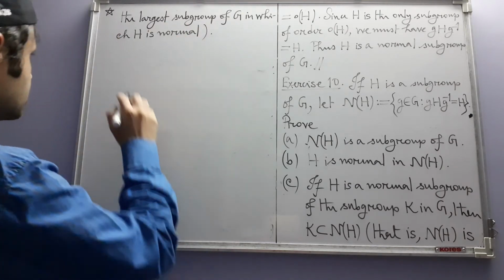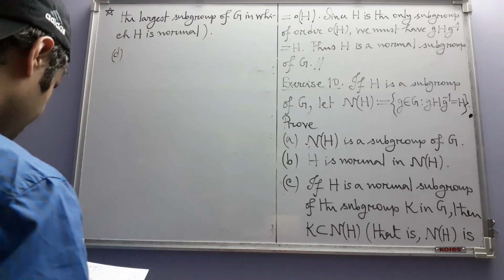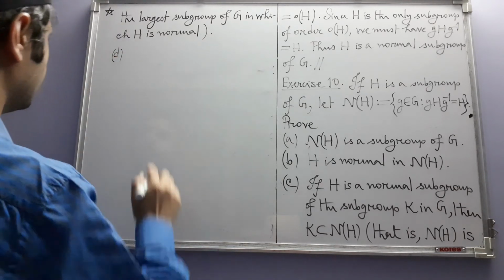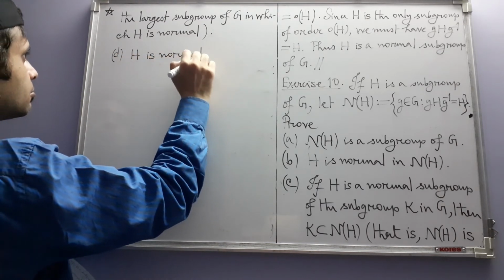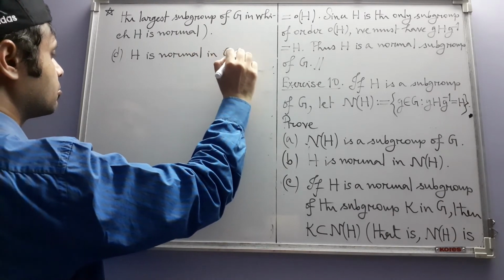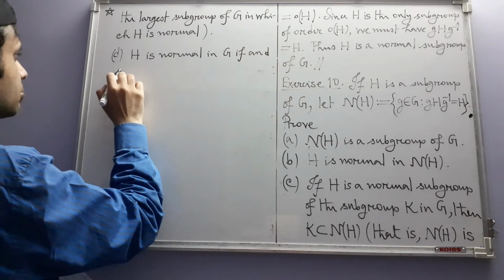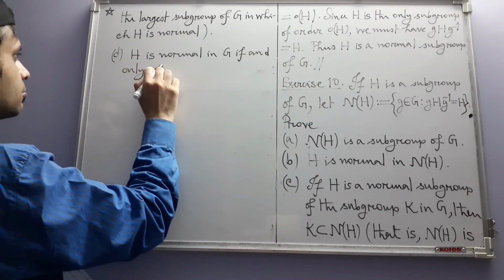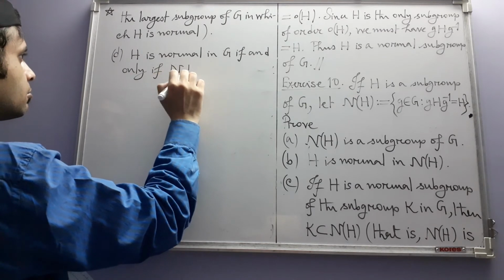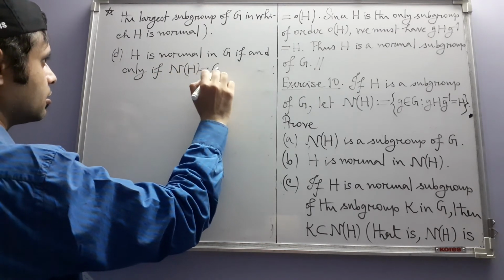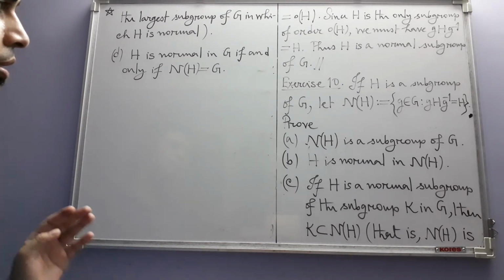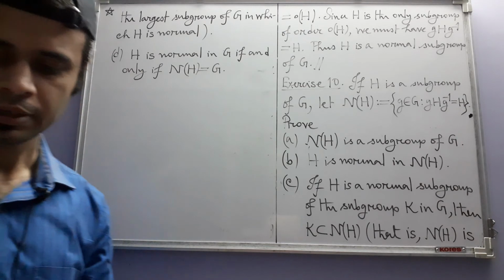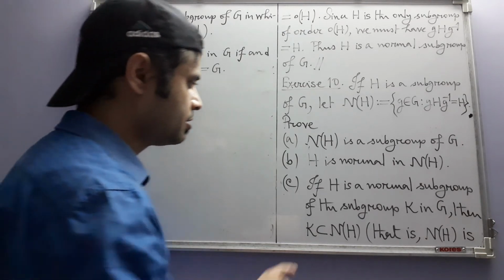And the last one is quite easy. H is normal in G if and only if N(H) is equal to G. Okay, so let us first start by proving that N(H) is a subgroup of G. Before that, let's just once more see what the question is asking.